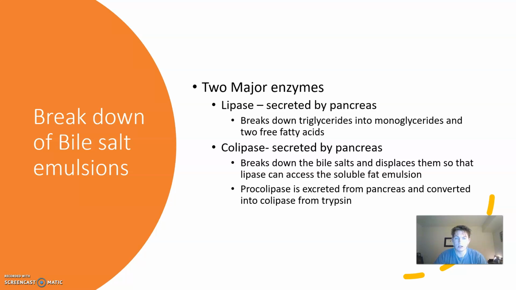This colipase displaces the bile salts a little bit so that the lipase can access the soluble fat emulsion. The lipase needs access because it breaks down triglycerides inside the fat emulsion into monoglycerides and two free fatty acids. We'll see a little bit more of what that's like in the next few slides.